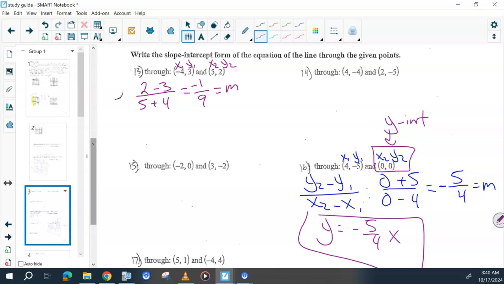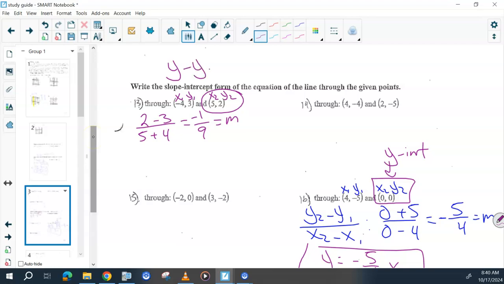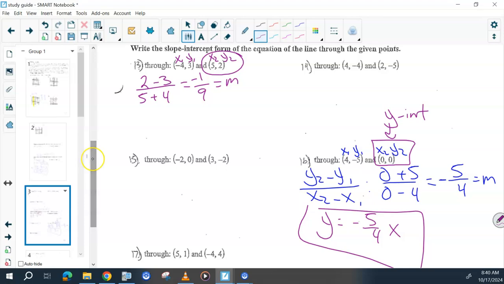And then choose either of the 2 points. So let's say I choose the second one just because everything's positive. Then I'm going to use my point slope one more time. So this would be y minus 2 equals negative 1/9 times x minus 5.